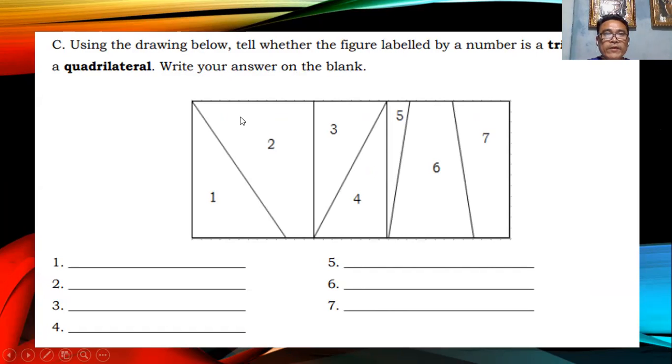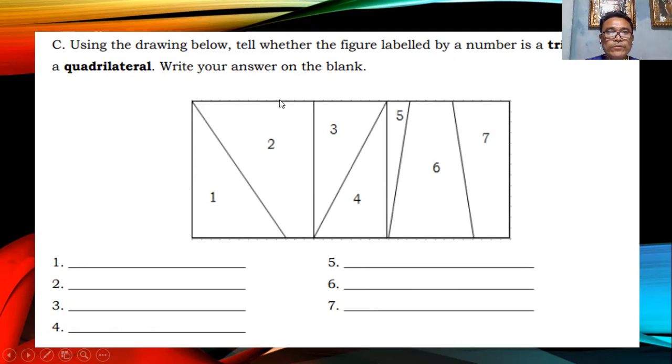Using the drawing below, tell whether the figure labeled by a number is a triangle or a quadrilateral. Write your answer on the blank. Number 1, figure. So try to count the sides.